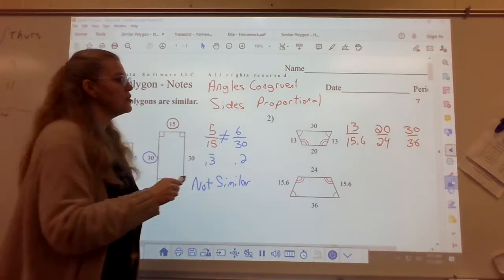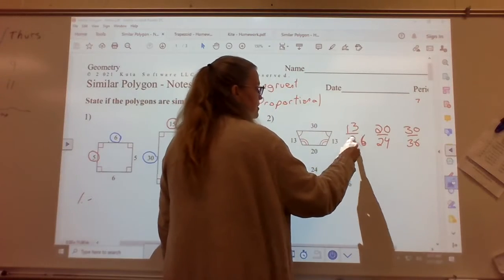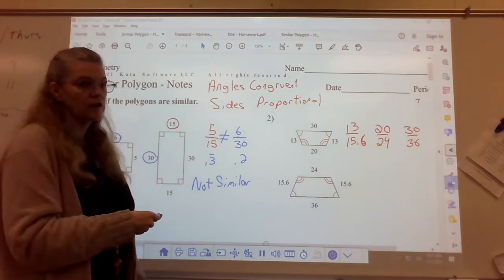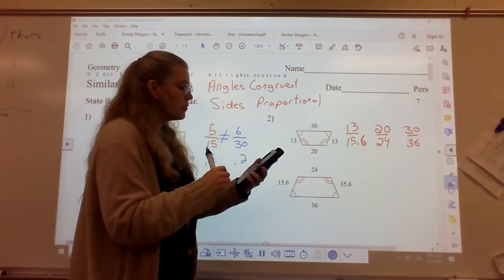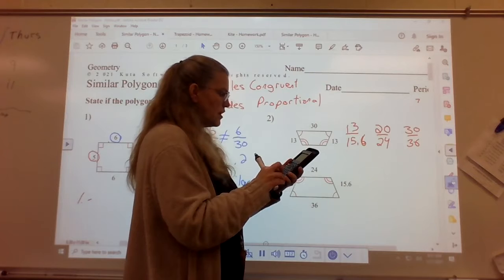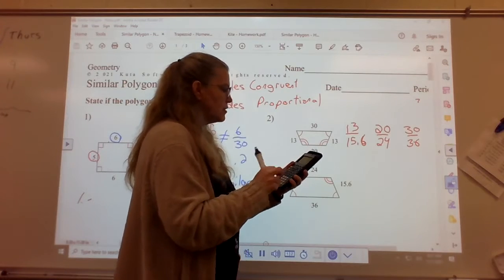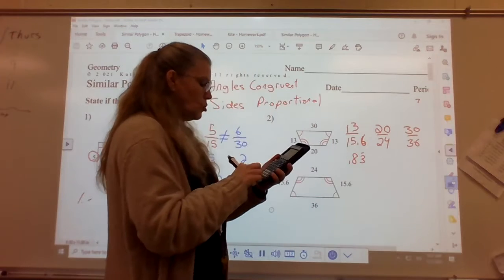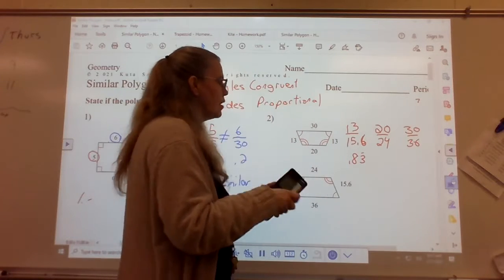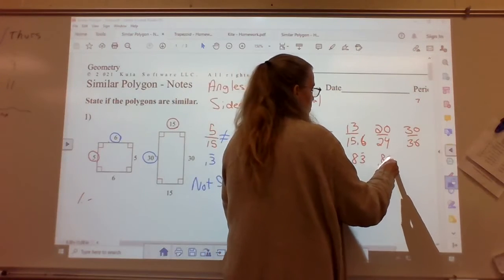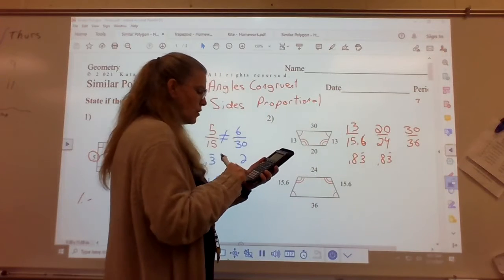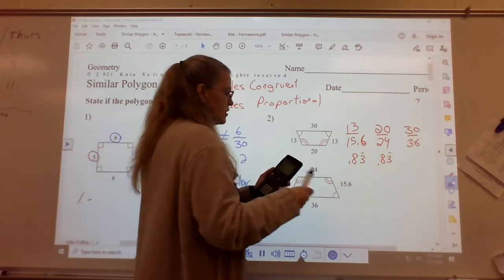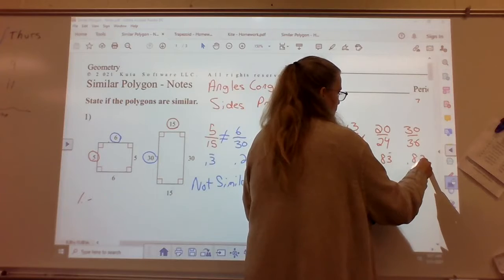In this case, because I had a trapezoid, I have 3 different fractions, because there are 3 different numbers in my shape. So again, I'm going to take my calculator. 13 divided by 15.6, I get 0.83 repeating. 20 divided by 24, I get 0.83 with the 3 repeating. 30 divided by 36, the exact same thing.